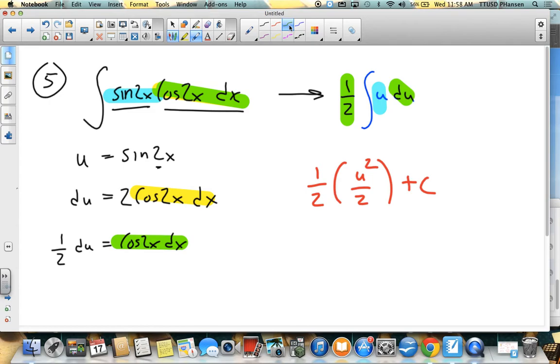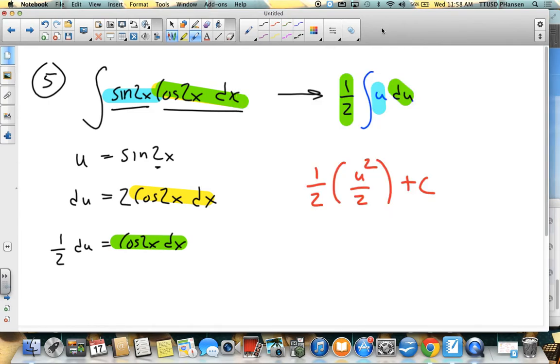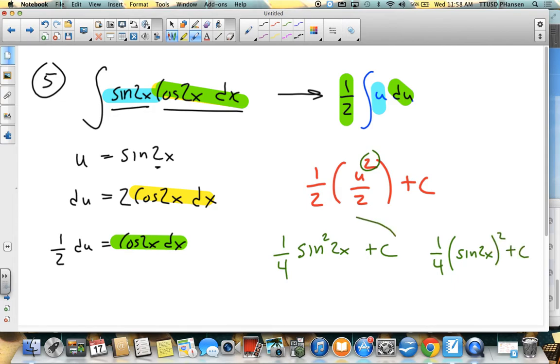And now, I'm green for some reason. I am going to clean this up and resubstitute or back substitute. So I have 1/4. u is sine 2x, so I can call this sine squared 2x plus c, or 1/4, I want to do it this way, (sine 2x) squared plus c, but most often you will see it like that.